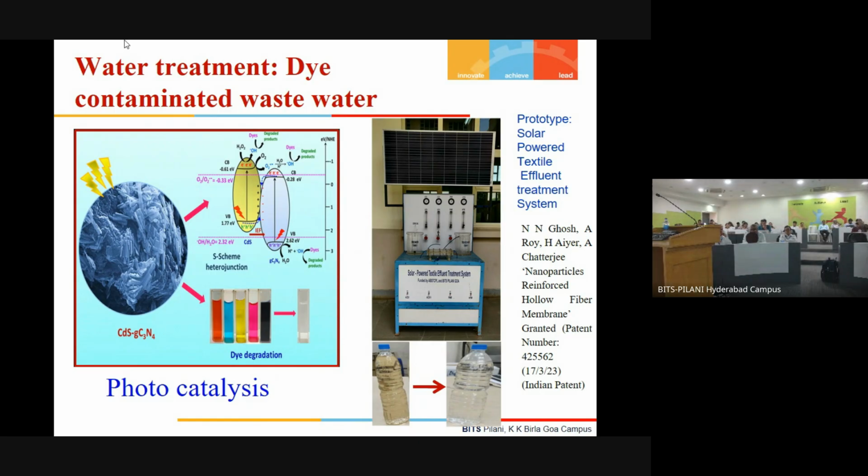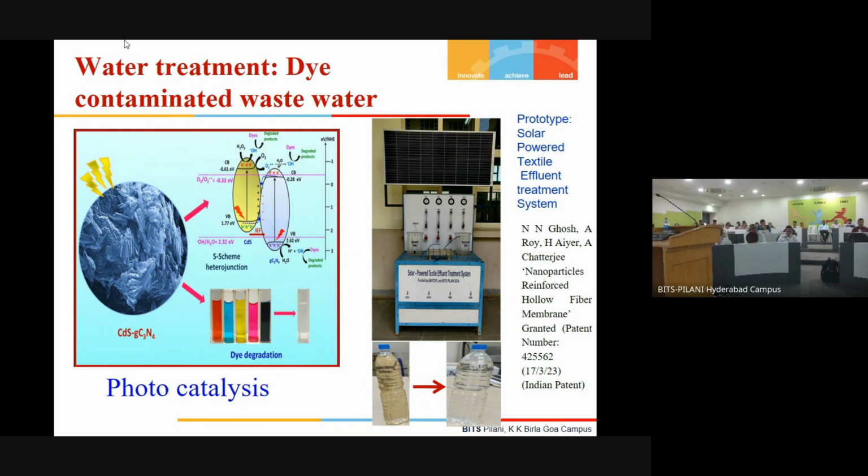But in these cases, when the electrons and holes are generated, they recombine, so you cannot see their photocatalytic activity. So band gap engineering is also a very critical parameter. Another thing we have to keep in mind is how the charge transfer is happening.